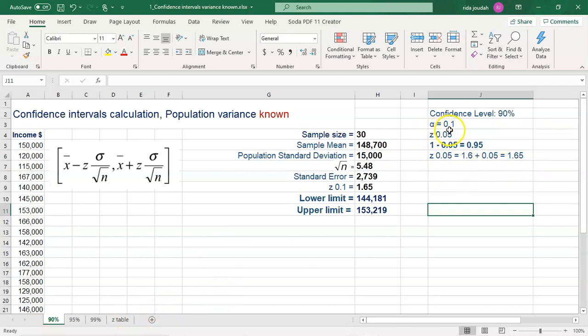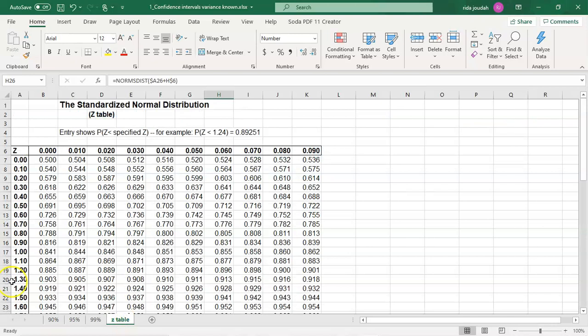So alpha is equal 10%. So alpha divided by 2 is 0.05. And based on that, 1 minus 0.05, it's 0.95. So we need to find the Z value in this level. Go back to Z table and we say 0.95.